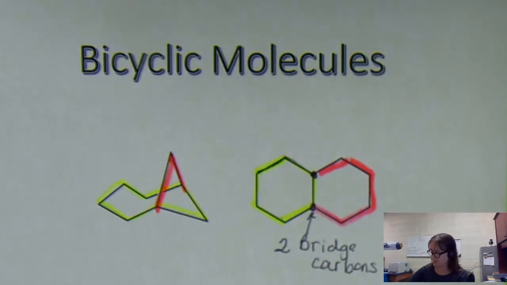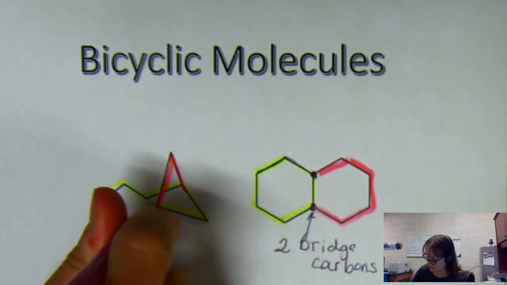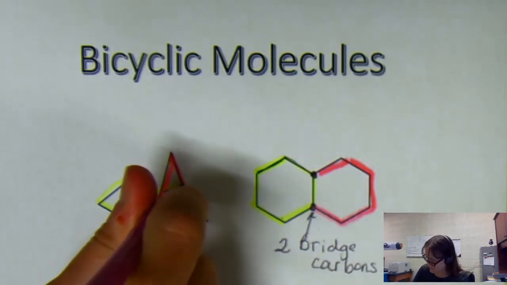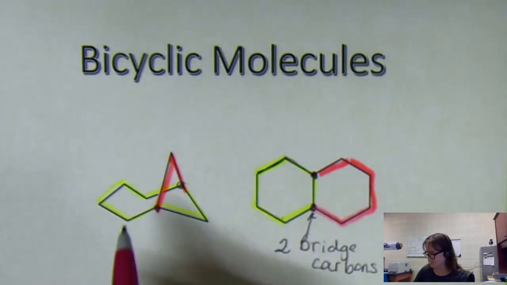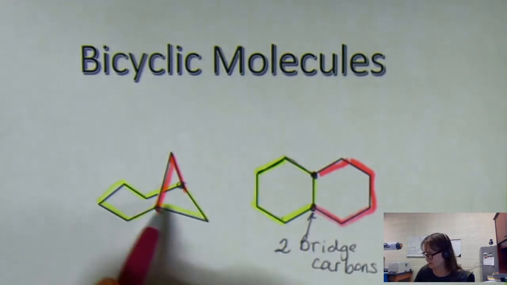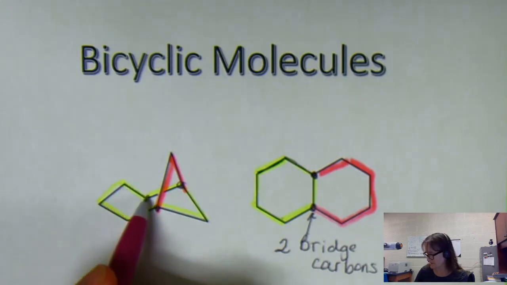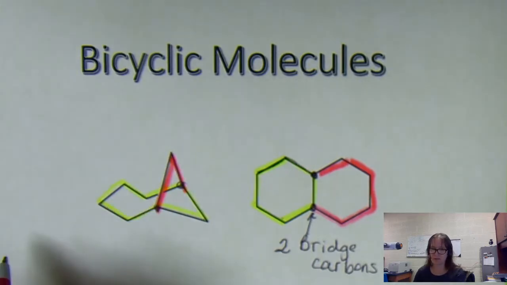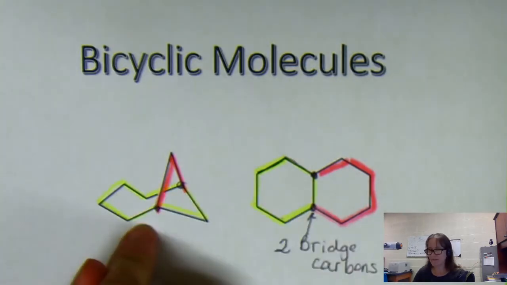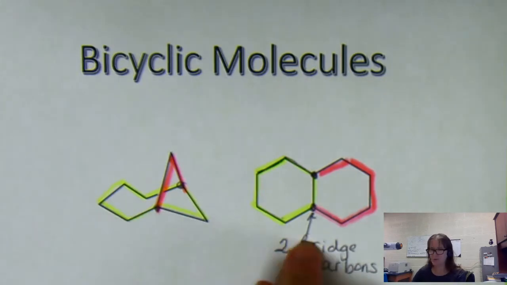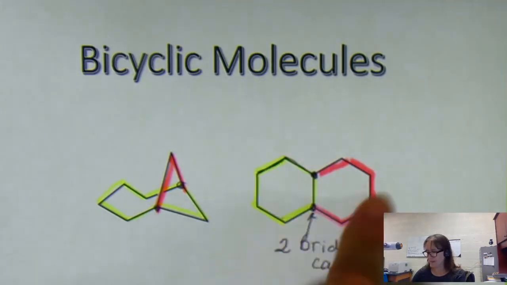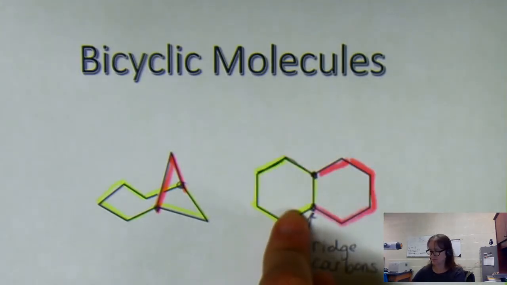And so in this molecule, these are the bridge carbons, and there would be two rings as part of this molecule. This one has 1, 2, 3, 4, 5, 6, 7, 8 carbons present. This is a version of an octane because in the ring system there are 8, and this one would be a version of a decane that is in the bicyclic structure.